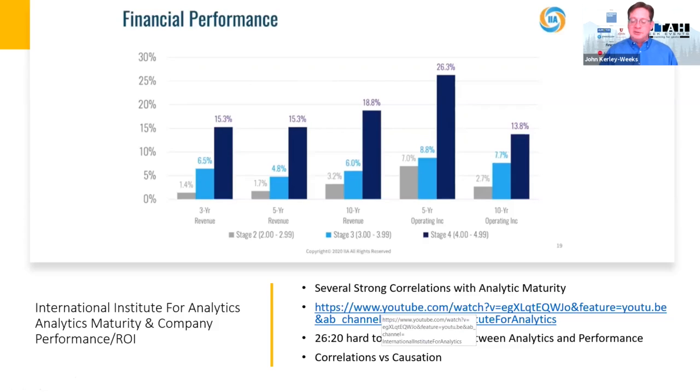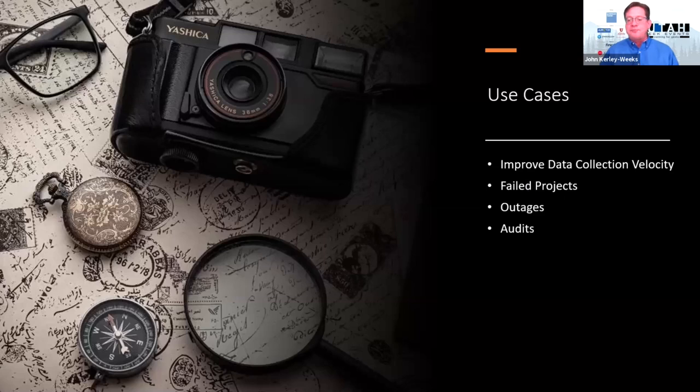From 26 minutes on, it focuses particularly on the ROI correlations, and they emphasize that these are correlations, not necessarily causations, meaning the analytics maturity model may not have built this environment, but it is so highly correlated with the success of organizations that people should be looking at it.